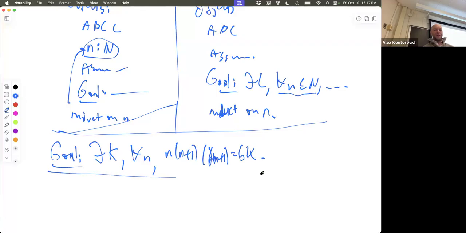So this is not true because the order of the quantifiers is backwards. You're saying there's a single value of k, so that no matter what n is, 6 times k is going to be this. Well, that's just not true. So if it were the other way around. Yep, exactly.